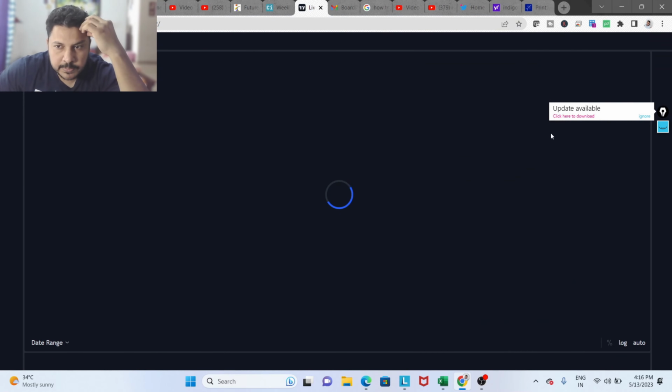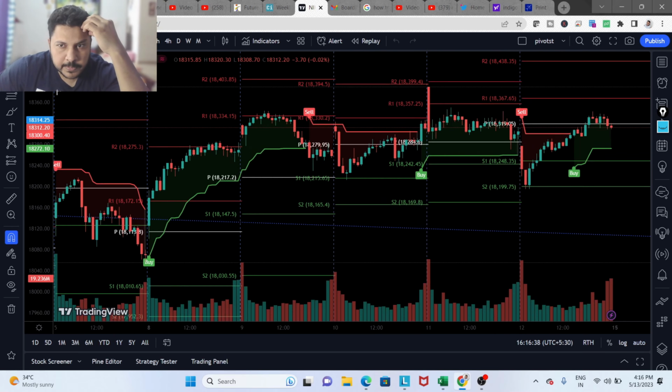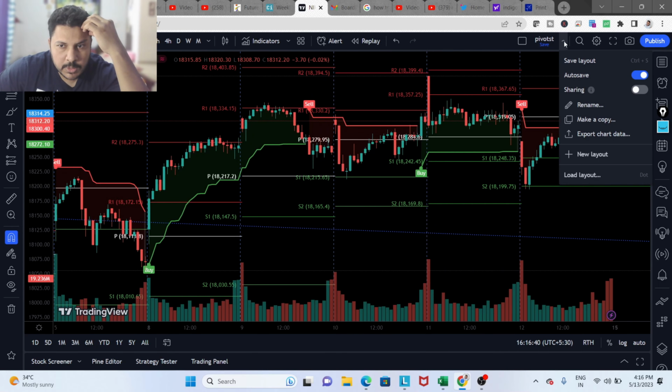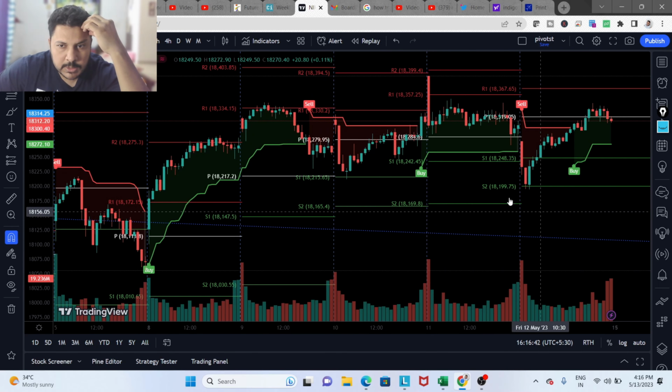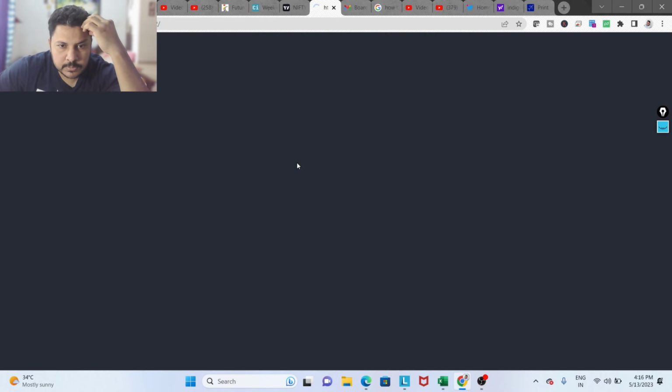Okay, so this is the TradingView app, and we are going to load a recent setup. Just pivot points.